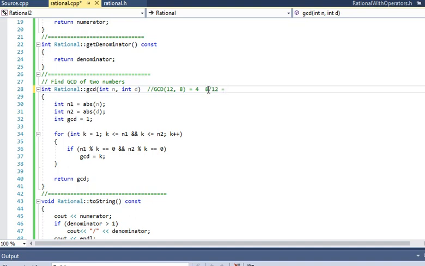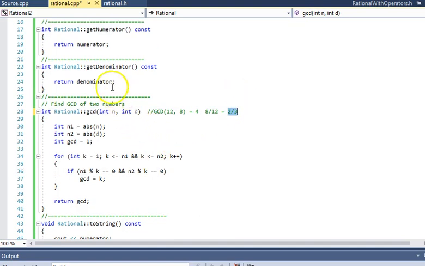It will be reduced to 2/3. The numerator is divided by the greatest common divisor 4, and denominator is also divided by the greatest common divisor. So 8 divided by 4 will give you 2, and 12 divided by 4 will give you 3. So the rational number always stores the fraction in its reduced form.